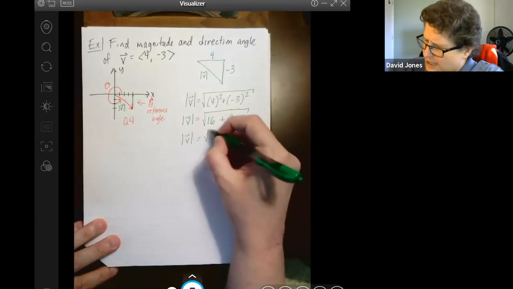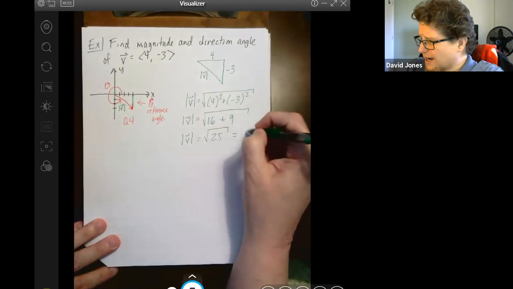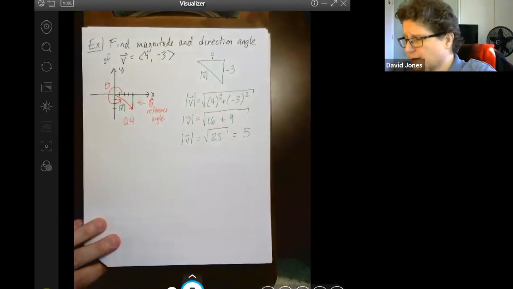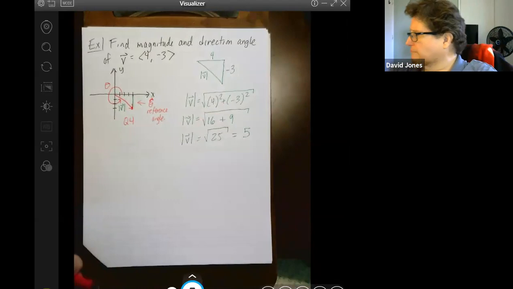That's 25. The square root of 25 is 5. It's actually plus or minus 5, but vectors always have a positive magnitude. Only the direction changes. So that's our magnitude.